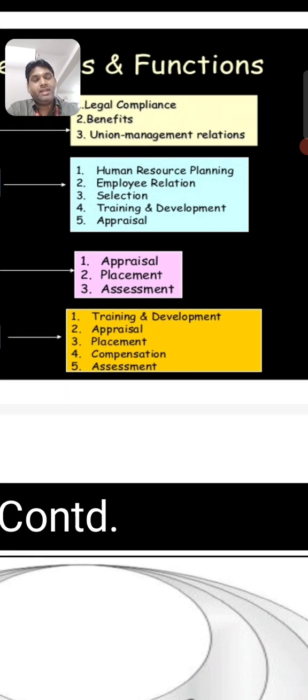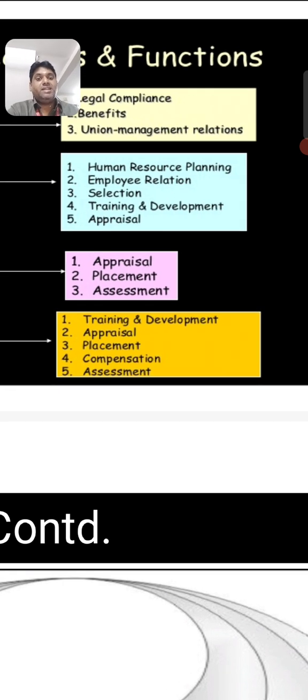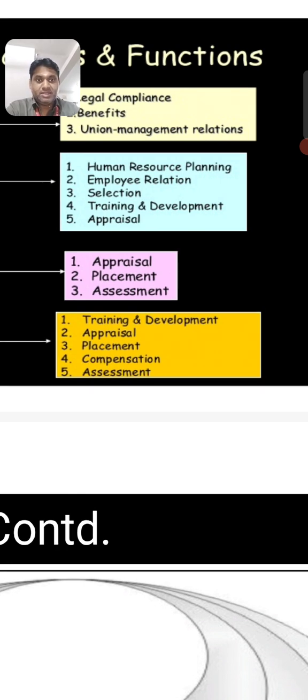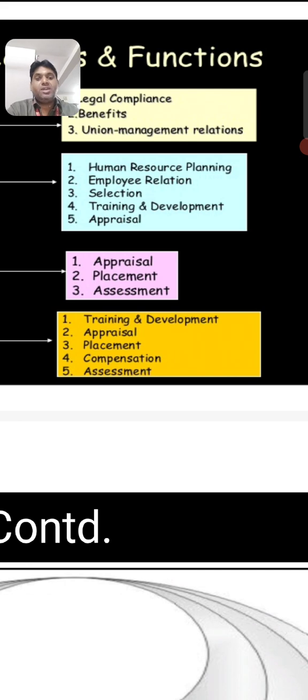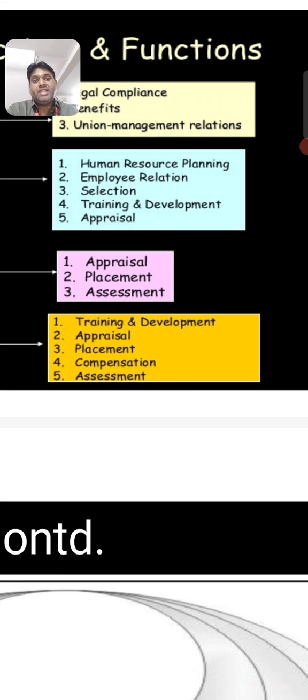Then creating good employee relations, the selection process, and training for the employees, not only for their development but for organizational development also. And finally, the appraisal. As students, you have an appraisal method, such as holding an examination, correcting it, giving marks and ranks, which is evaluated for a ranking system.